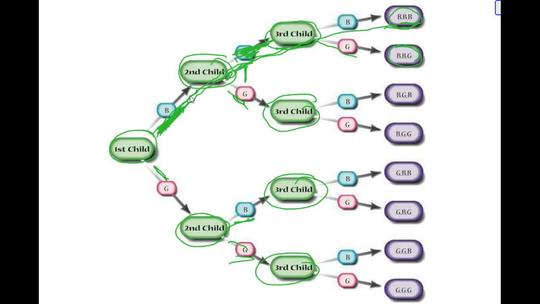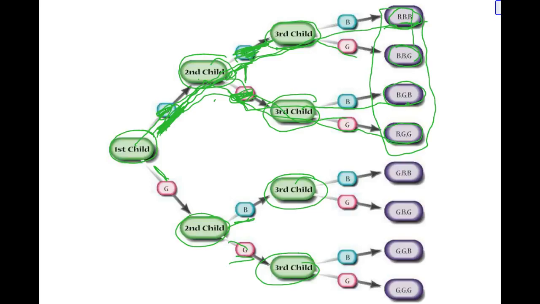So let's go to boy, girl, and then I can have a boy, boy, girl, girl. And so now notice I've exhausted the possibilities of getting a girl on my second child. So actually I've exhausted all of my possibilities of getting a boy first. And I have 4 possible outcomes so far.